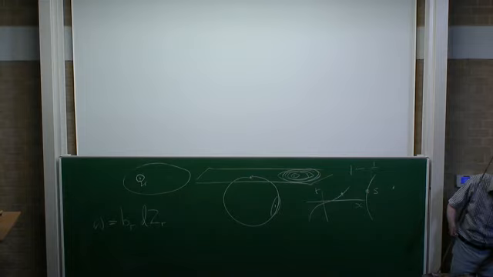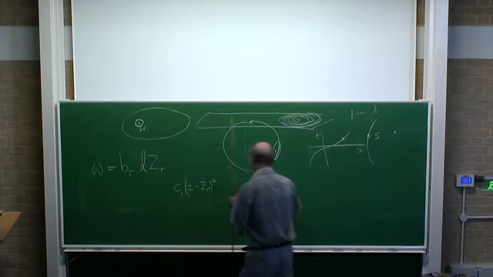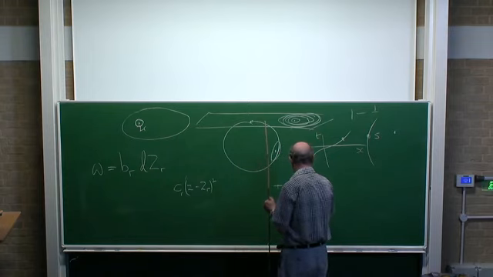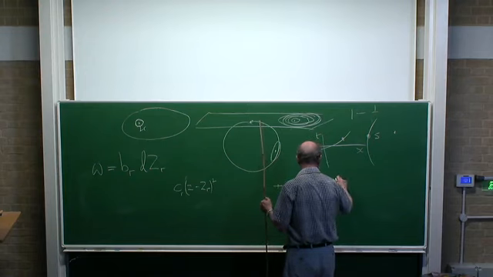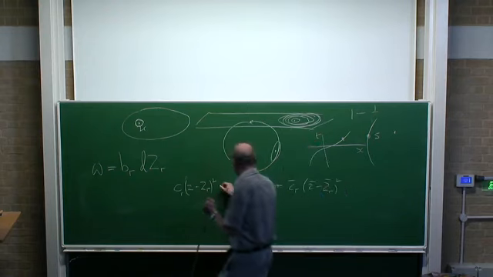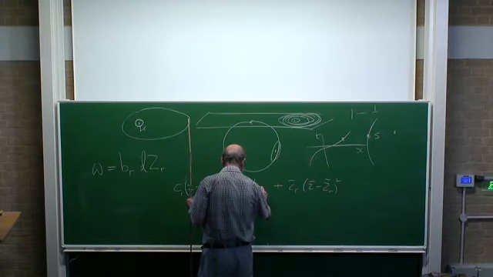Now the quadratic terms: there's a c times (z minus z_r) squared, so that's a c_r. Then, by reality, there's a c bar, and there's a d (z minus z_r)(z bar minus z_r bar).